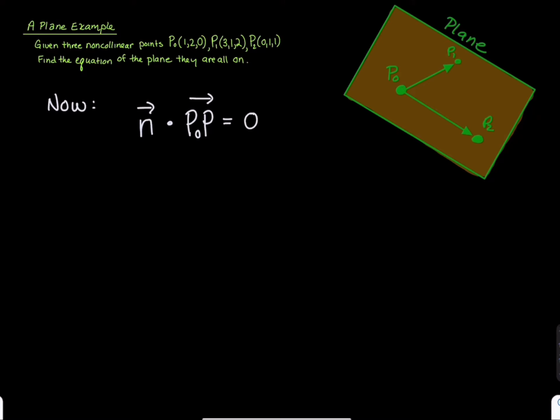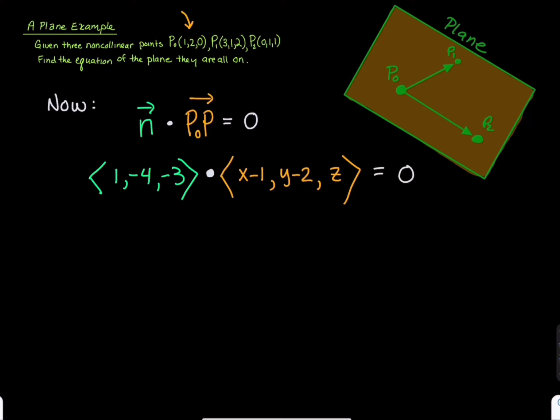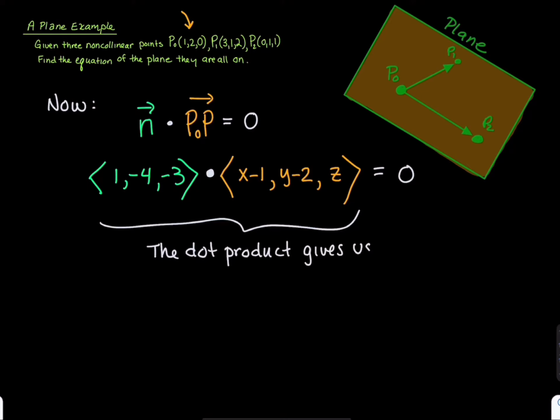So now the normal multiplied by either one of these vectors in general form will be able to give us the equation of a plane. So I chose point 0 to work with here and use that to define P0P. And with the normal vector we just found, the dot product is always equal to 0, will produce an algebraic equation that describes the plane.